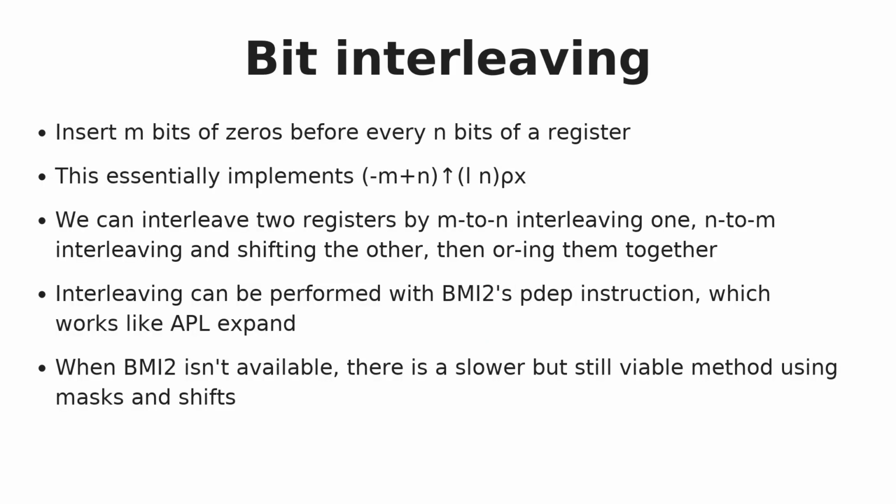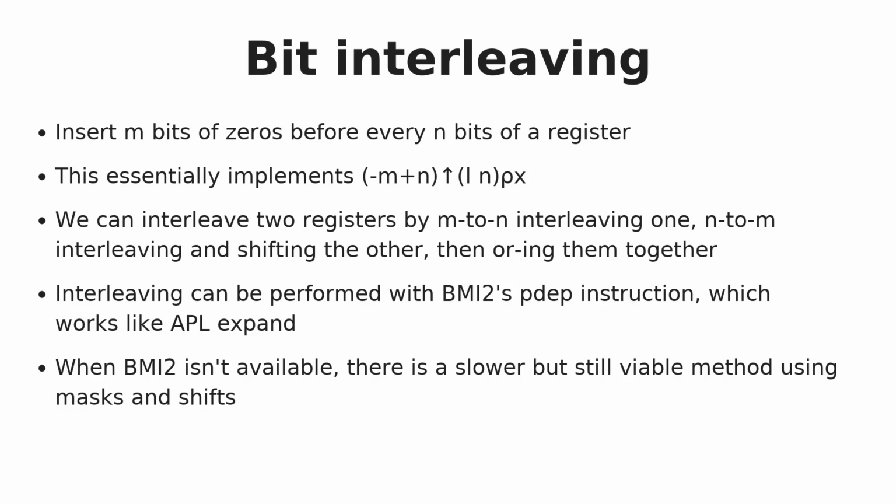Bit interleaving is one of the major things that I did for version 16. It's actually very widely applicable. The idea is that given a register containing some number of bits, L bits I have, you'll insert zeros in between these bits in a regular pattern. So you'll interleave it. You have n bits, then m zeros, then n bits, then m zeros.